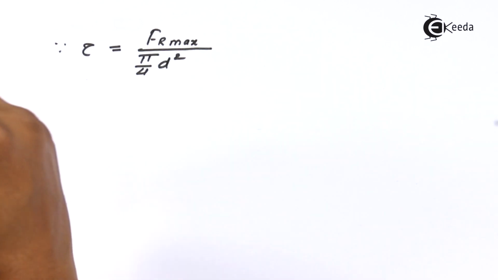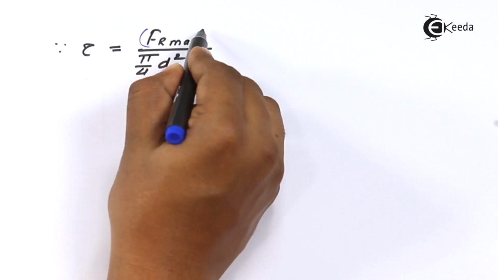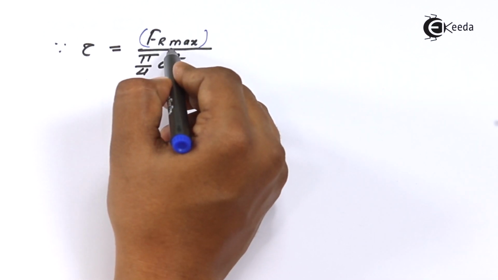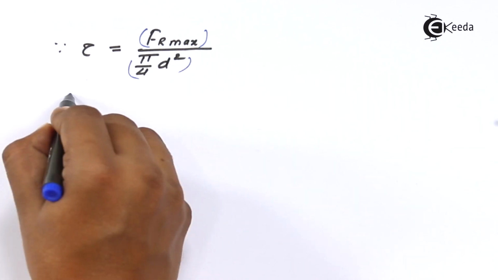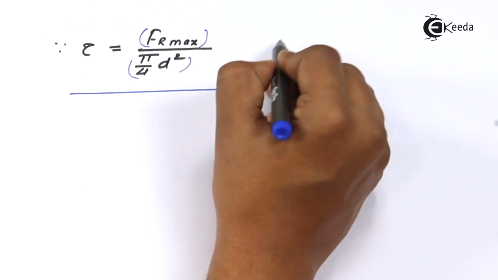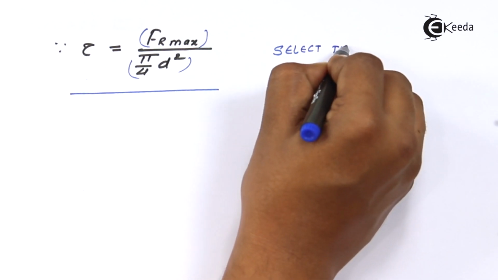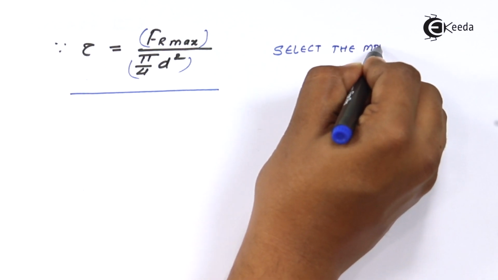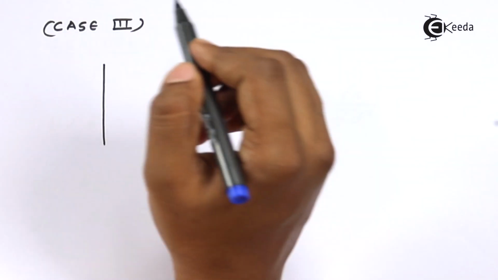The last thing here is we have to find out the shear that is actually acting on this. So that will be the maximum resultant force, like we have seen in the last slide, divided by area of cross section. Based on this, we are going to select the material. So that is case number 2.